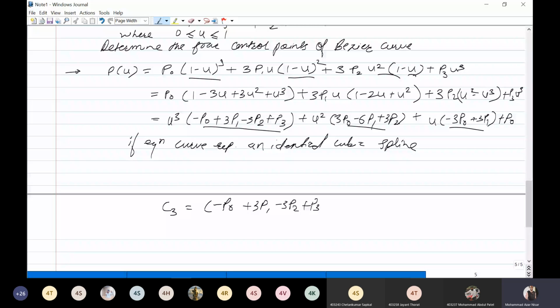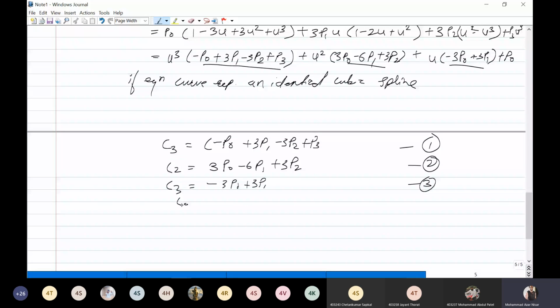Suppose this is equation number 1. Then substitute C2 equal to 3P0 minus 6P1 plus 3P2, equation number 2. C1 equal to minus 3P0 plus 3P1, this is equation number 3, and last C0 equal to P0, this is equation number 4.